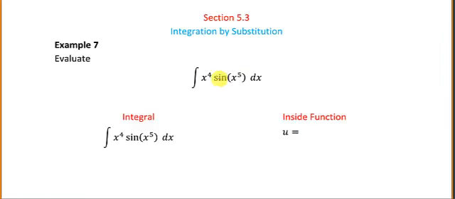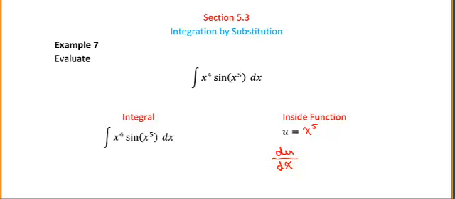Here we have the integral of sine of x to the 5th times x to the 4th. Notice the composite function. Sine is evaluated at the function x to the 5th. So the inside function here is x to the 5th. Let u be equal to x to the 5th.